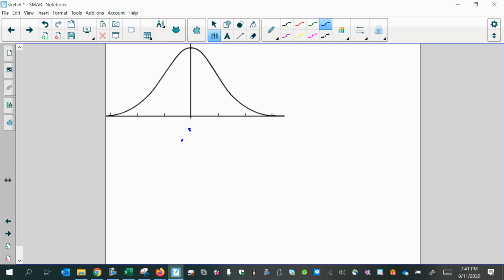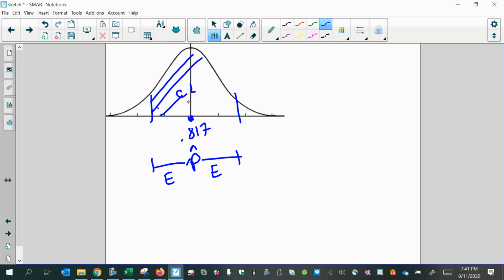So with 0.817, if this is our center starting point, our point estimate, and we're going to expand that in each direction by a distance of E, the margin of error, then in between those boundaries, I'm going to have my confidence level. The confidence level is the area in between. And then out in the tails is half of the complement of that on each side.